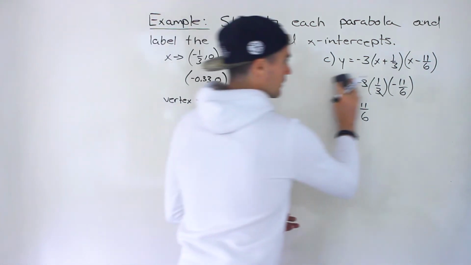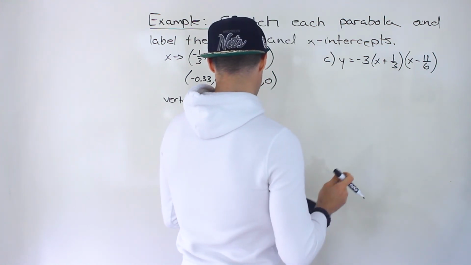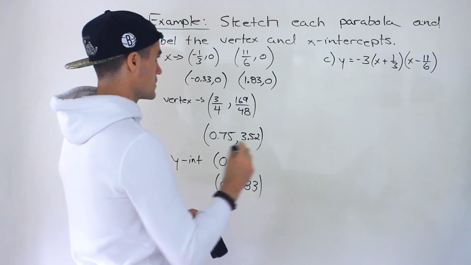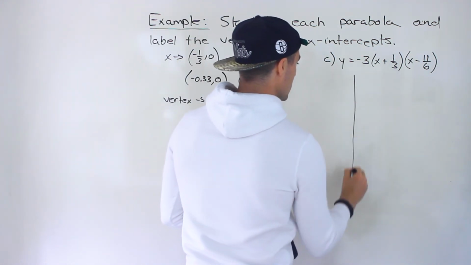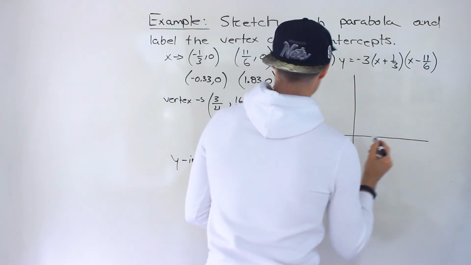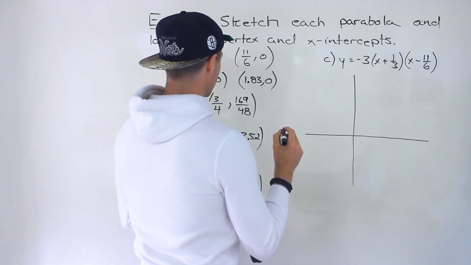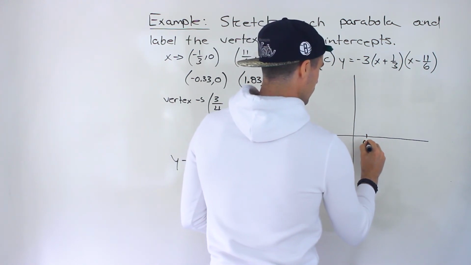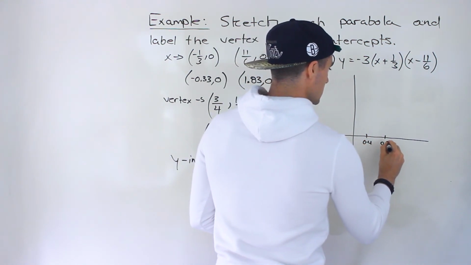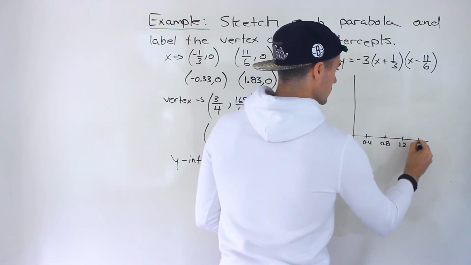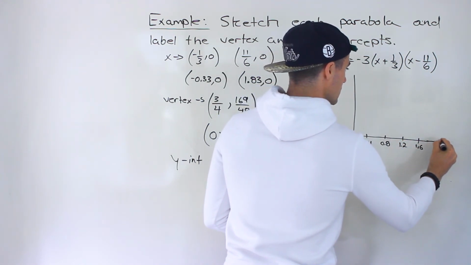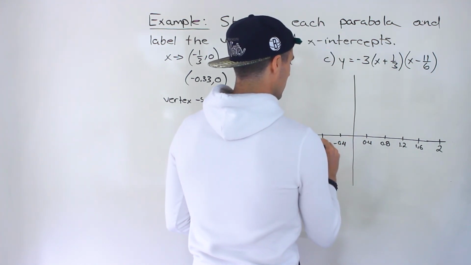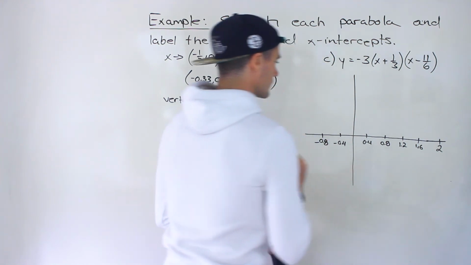And then from here, I feel like we can make a graph now. So at this point, let's see what we're working with. So let's go up by 0.4. So we'll have 0.4, 0.8, 1.2, 1.6, and then 2, and then we'll have negative 0.4, negative 0.8, like that.